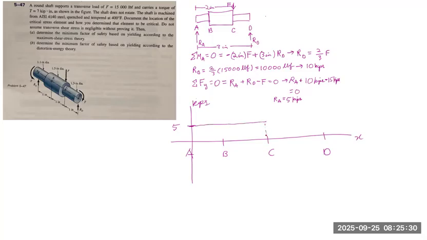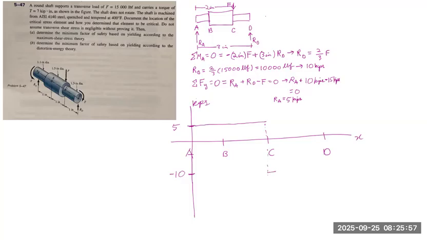And then at C, we have a sudden drop because of this force over here, which is 15 kips, negative 15 kips. So the force will drop down 15 kips. So down 5 kips and then down another 10 kips. And it will end up at negative 10, which is over here.